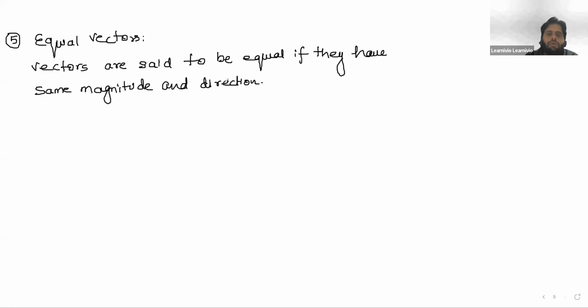What are equal vectors? Vectors are said to be equal if they have the same magnitude and direction.